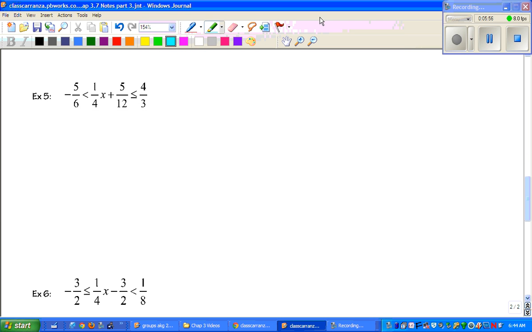All righty, some fractions, your favorites. So what we need to do is find the LCD, the lowest common denominator, because that's what we're going to multiply everything by to get rid of the fraction. So off here to the side, we're going to go LCD, and we want that of 6, 4, 12, and 3.